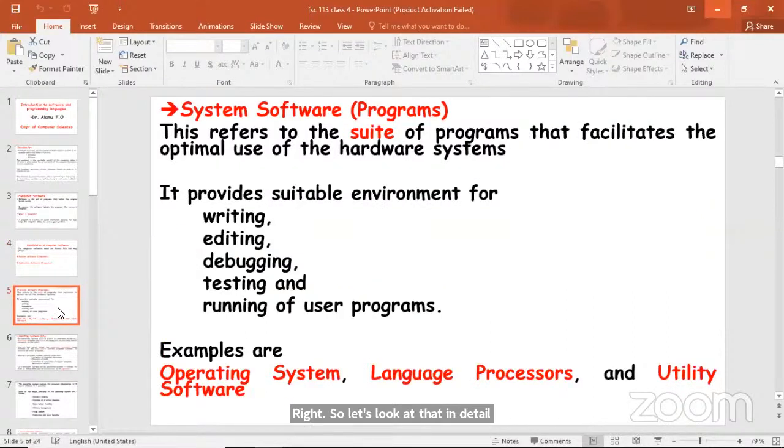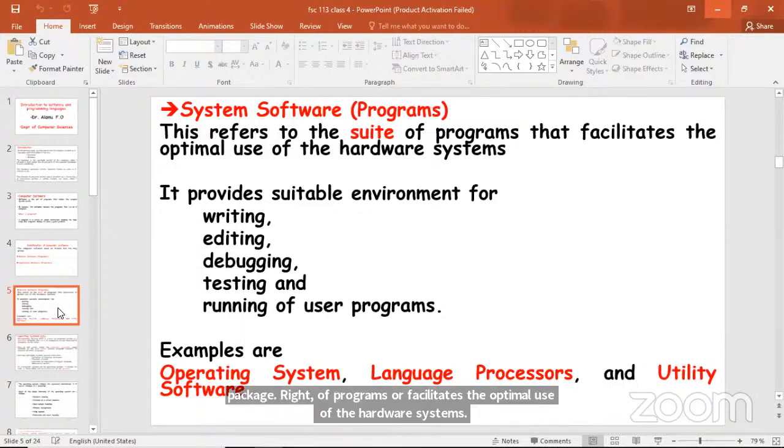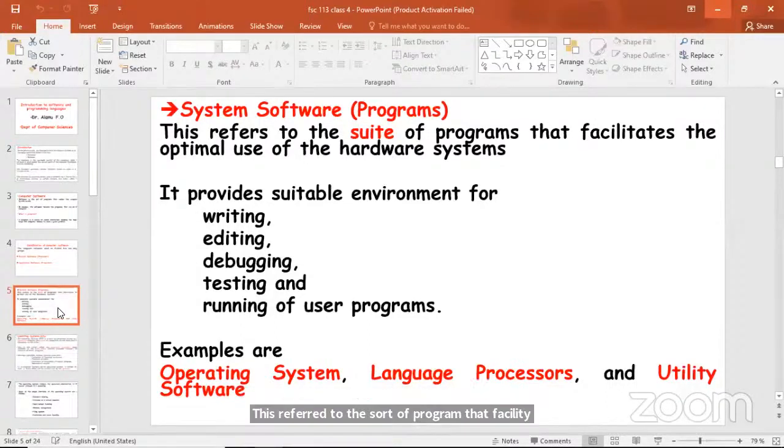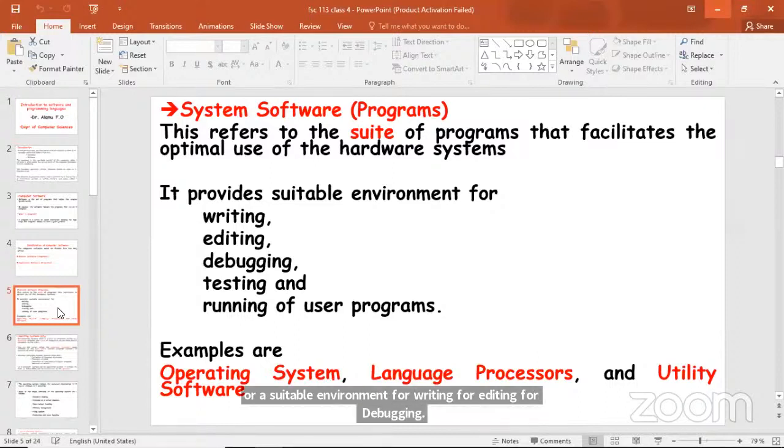System software refers to the suite, by which I mean a package, of programs that facilitates the optimal use of the hardware systems. The system software provides a stable, suitable environment for writing, editing, debugging, testing, and running of user programs.